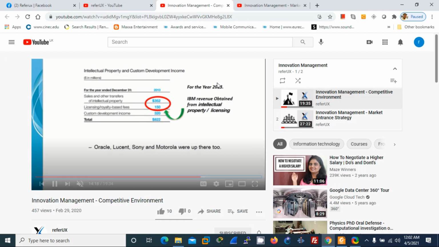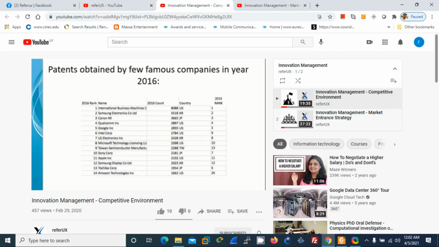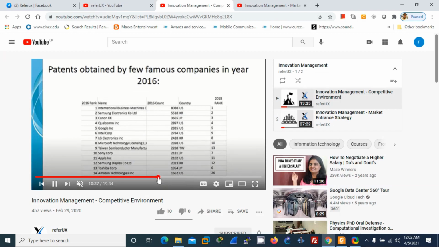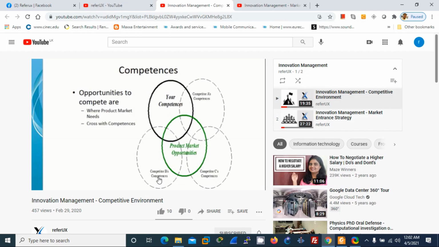I discussed throughout this lecture how intellectual property and regulations come into the picture, how companies obtain benefits out of that, and how competencies come into the picture. So those are the things that you need to understand, especially when coming into competitive environments.